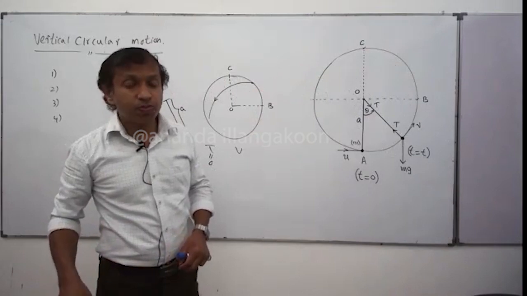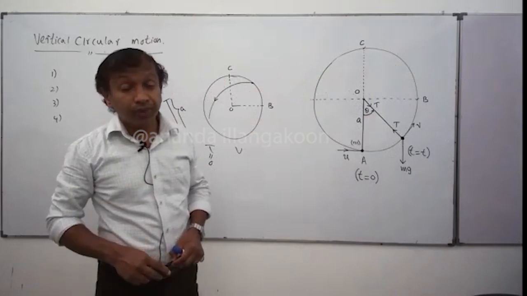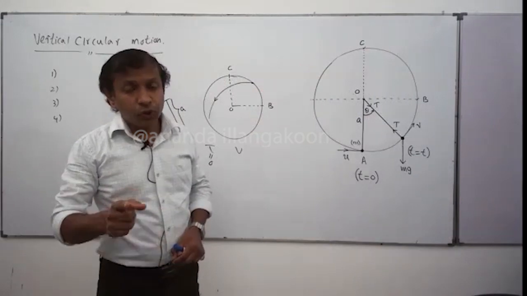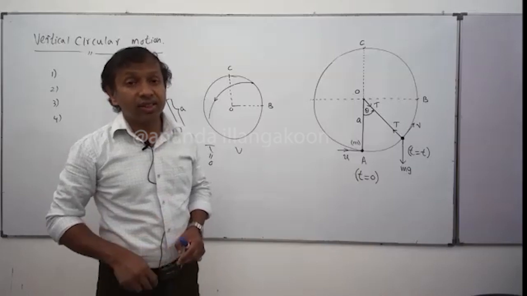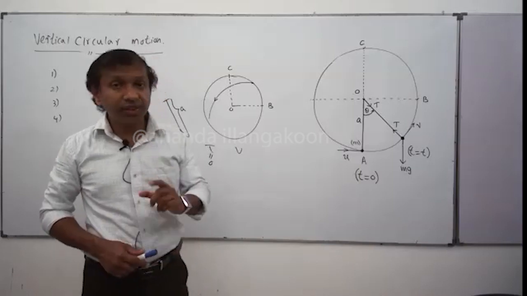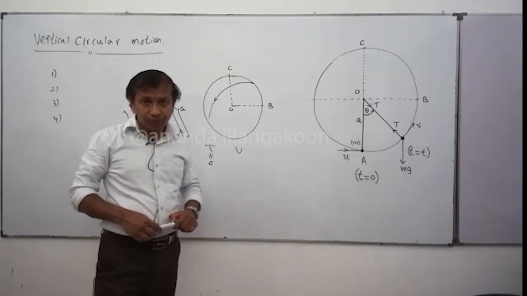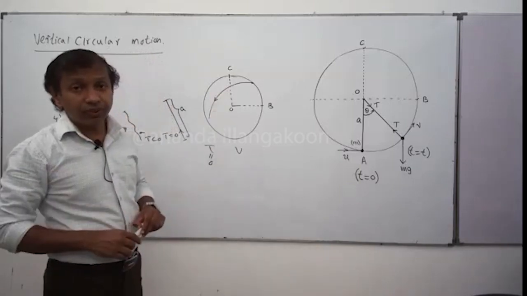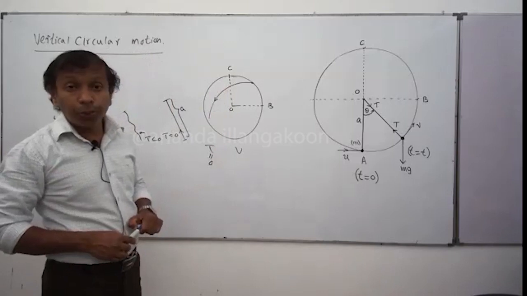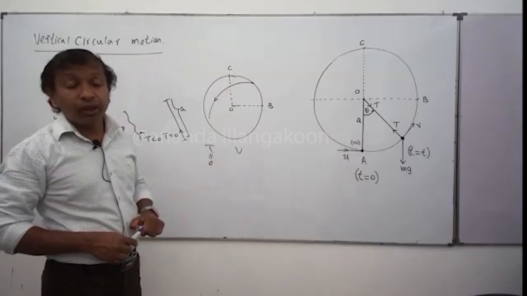If the tension is positive at the highest point C, that is the condition required for this particle to complete the whole circle very easily. That is the condition required, not the velocity being positive. At the highest point, velocity positive is not sufficient for this particle to move in a complete circle.